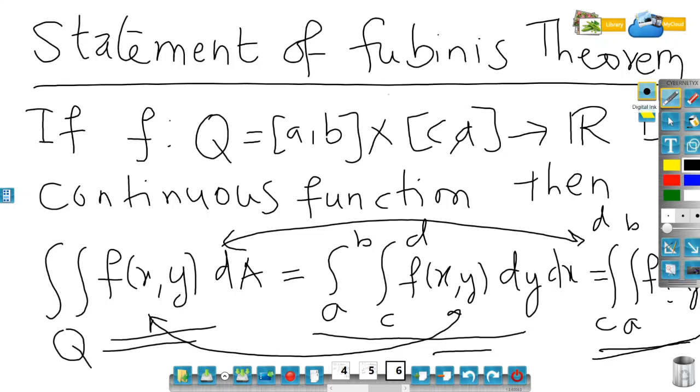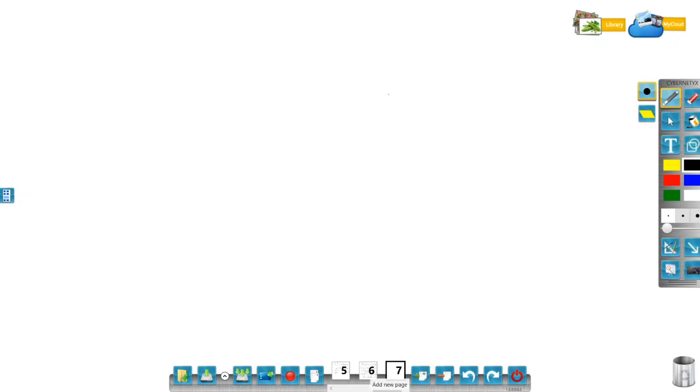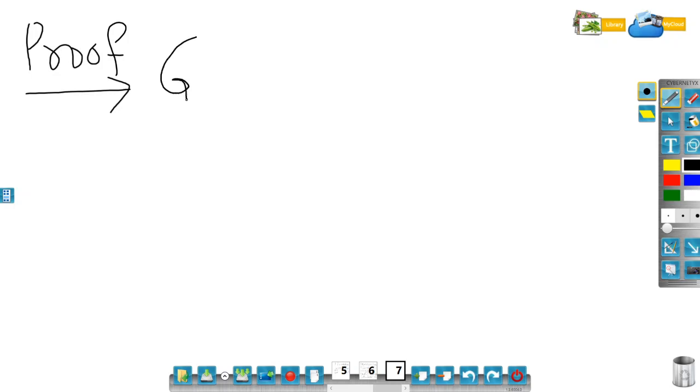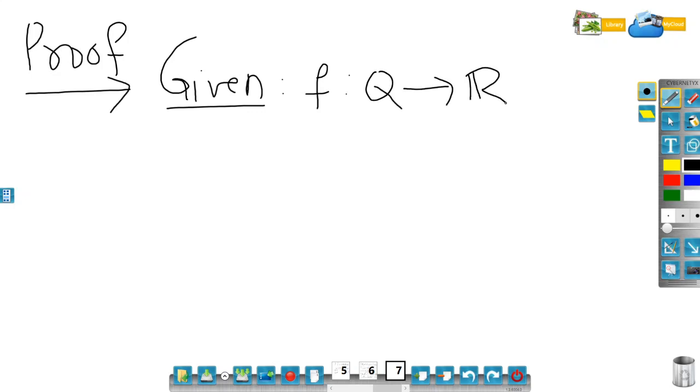So, proof. It's given that f from Q to R, let me write down Q explicitly because I may need it later on.